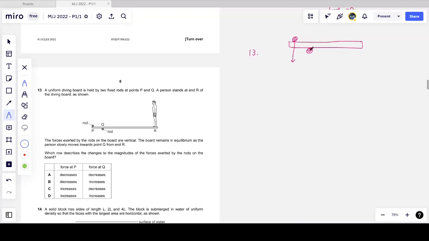There's a rod Q pushing up on the diving board. So we'll call the force at P FP, very original. The force at Q we'll call FQ. And the weight, it's uniform, thankfully, so the weight of the diving board is through its center. We'll call it WR.